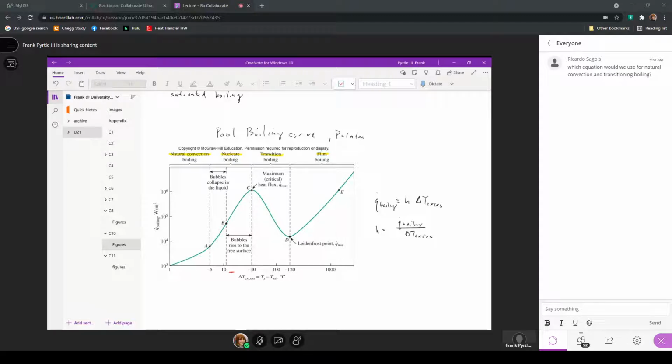If I increase the saturation pressure, that means that the saturation temperature would become higher, and the temperature to which we would have to bring the surface would just be higher because the saturation temperature will be higher.